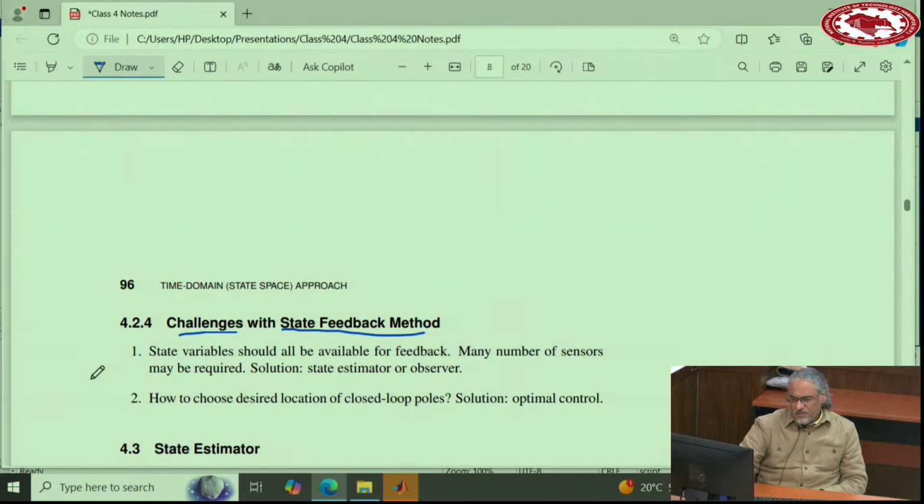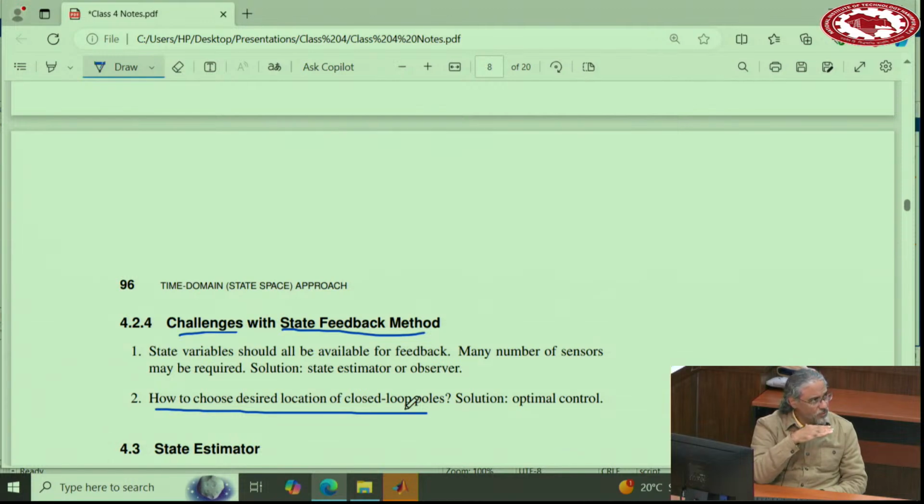The second weakness, or challenge, is that we always said choose the location of poles, but how to choose them? That's not easy, especially if you have more than one or two poles. Up to 2 poles you can choose properly, no problem, based on the relationship between transient response and poles that we discussed the other day.